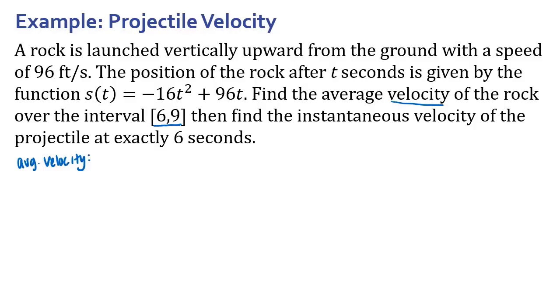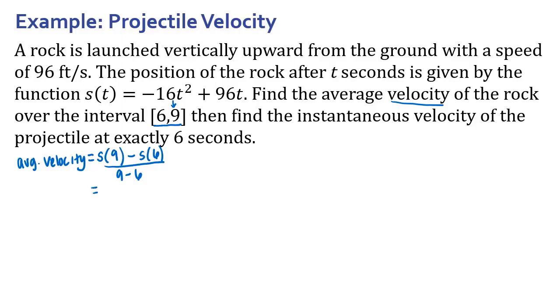So the y value at 9 seconds is taking that function, substituting in 9 for t, minus the y value at 6 seconds, all over 9 minus 6. So the change in y over the change in x. I should probably just do equals.